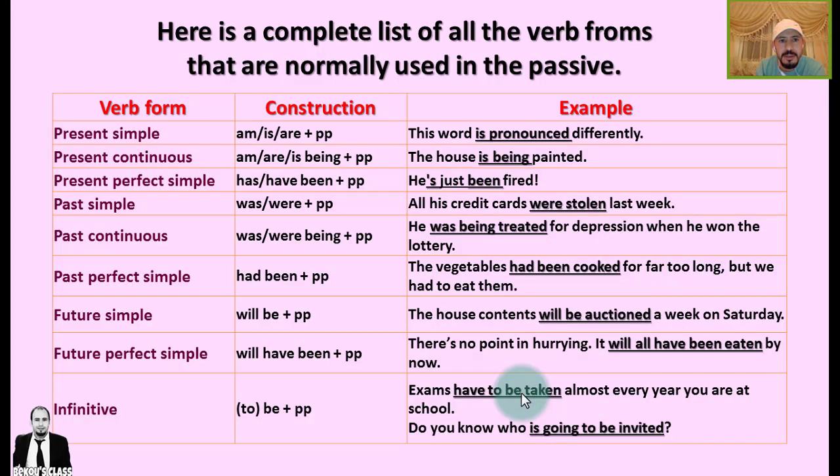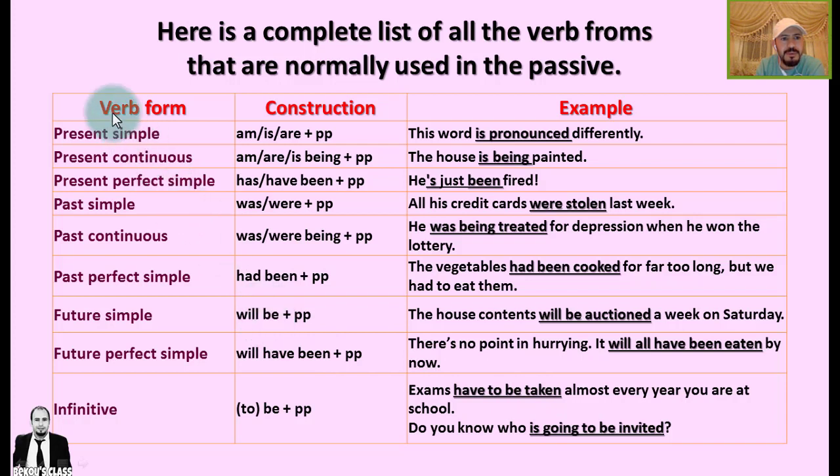All right, so I have put forward a complete list of all the verb forms that are normally used in the passive, because there are certain verb forms that are not used in the passive.